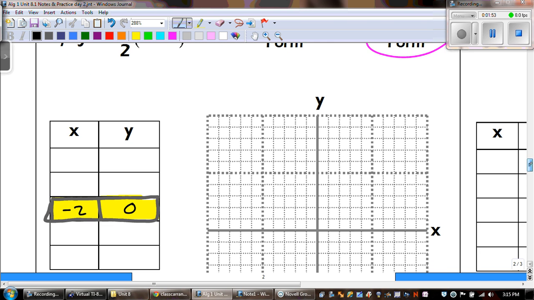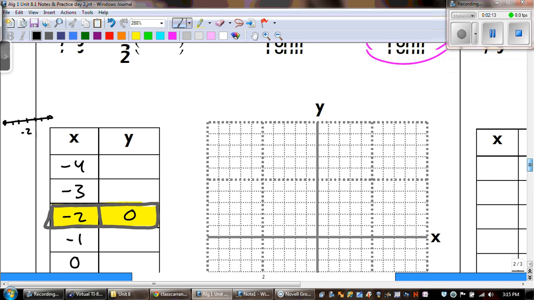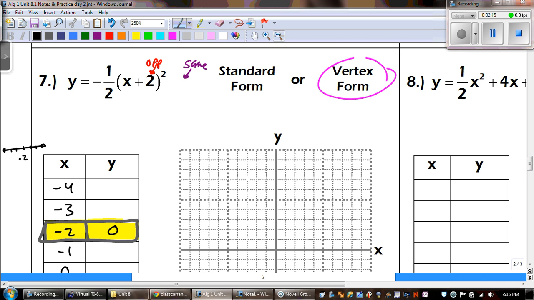Now, when we're finding the other points in our table that we need to use, remember we go 2 up and 2 back. So we got -3, -4 going backwards, and -1 and 0 going forwards. Now, when we're trying to figure out what those y values are, all we have to do is plug it into our equation, where y equals -1/2 times (x plus 2) squared.